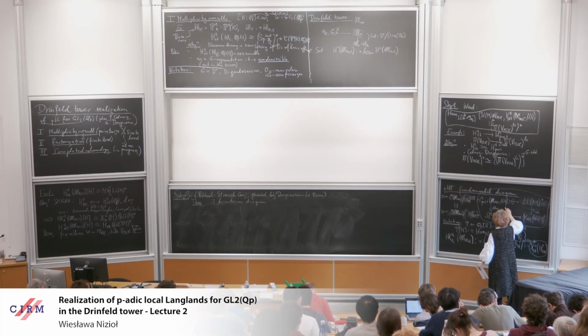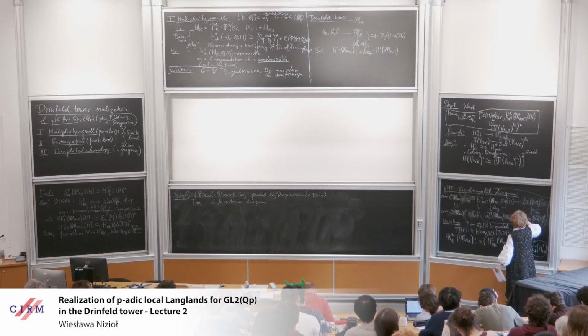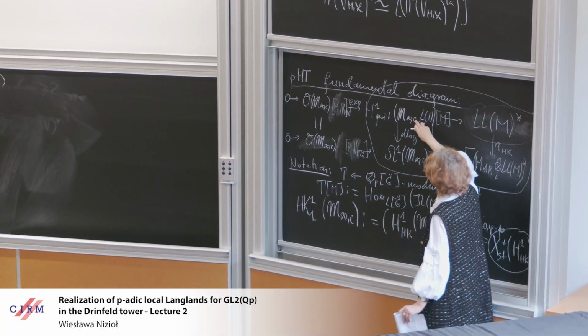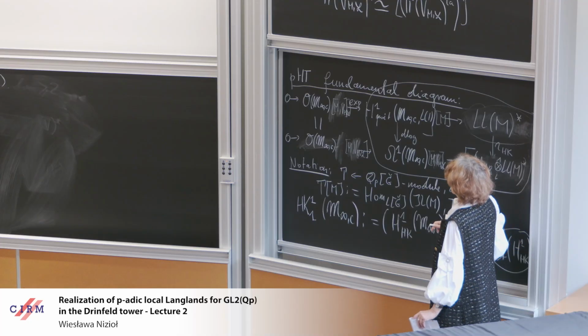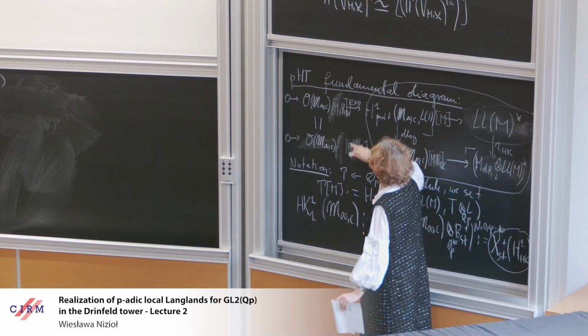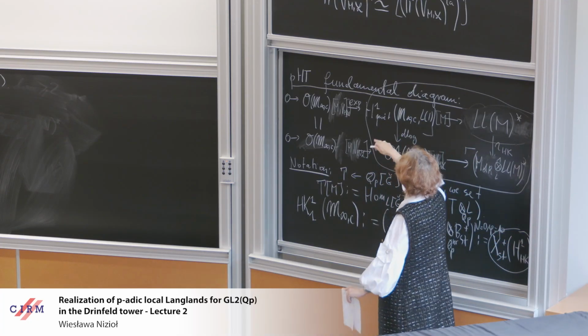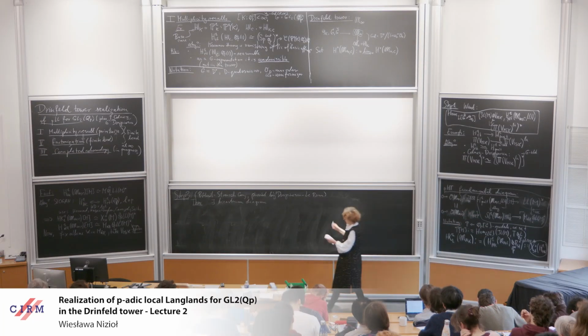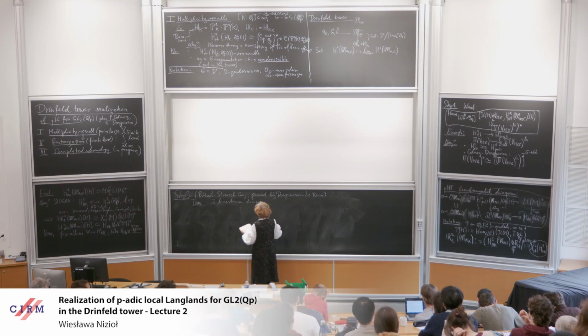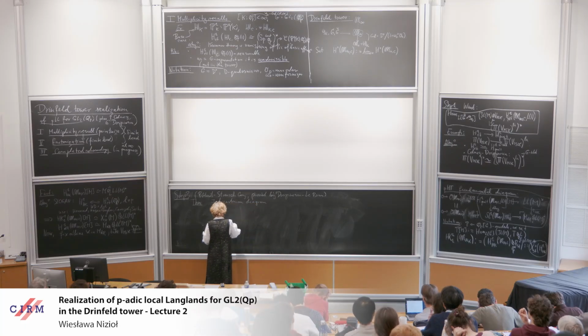And this diagram is bicartesian, which means that if you take this map to the sum of these two and then to this, it is a short exact sequence, because we can control these objects here. So it's a bicartesian diagram of that type, and here we get another one, which at the bottom looks the same.